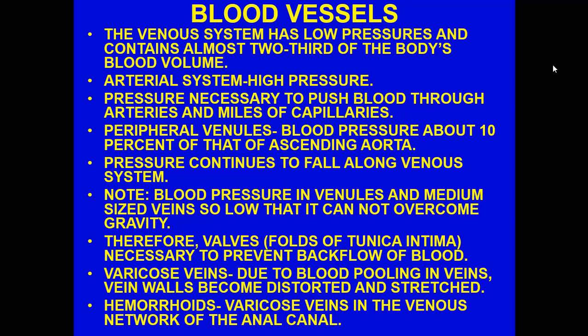If you had none of the valves, which are folds in the tunica intima in the veins, particularly in the lower limbs, you would not be able to get all the blood back into the inferior vena cava.